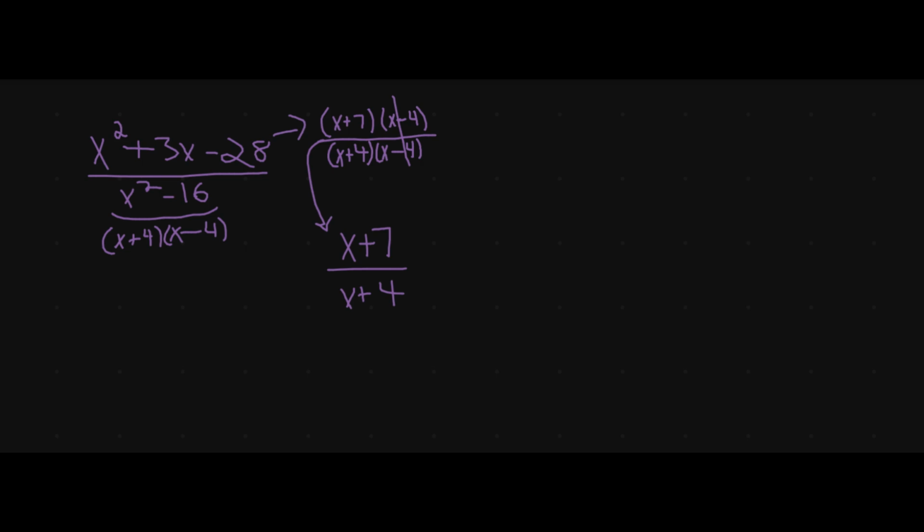Now that we have x plus 7 over x plus 4, we just have to see for what value it can't be, like, it's undefined. So technically this is our simplified solution, if it just asks you to simplify. But since it asks for that, it just cannot be negative 4. That's all. Nice and simple. There you go.